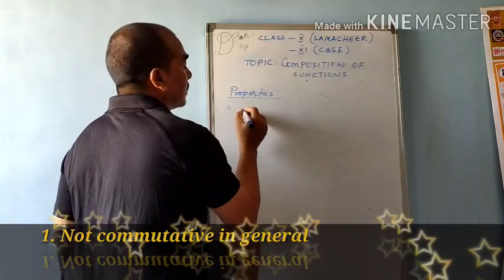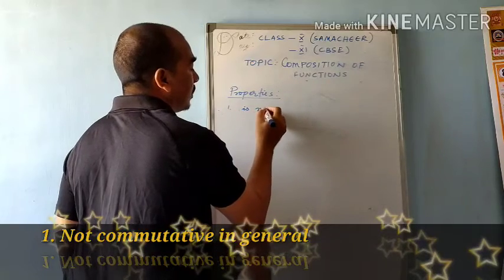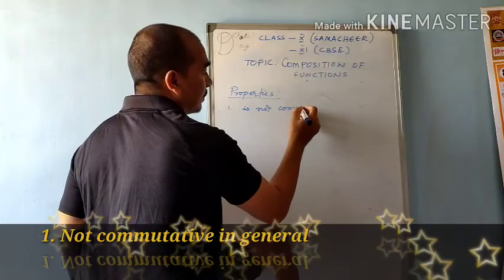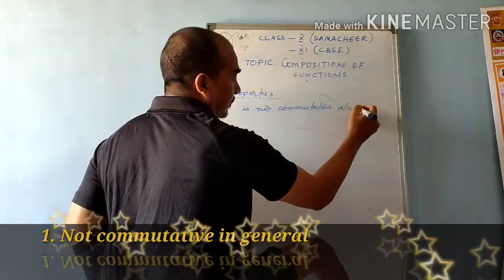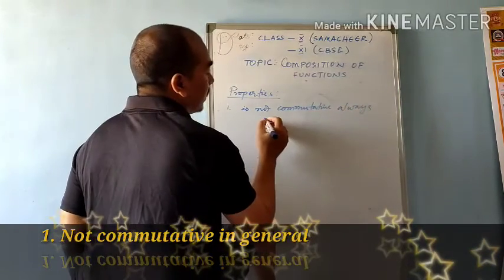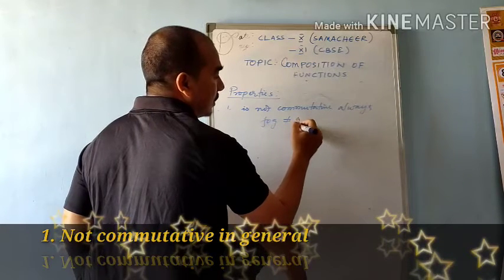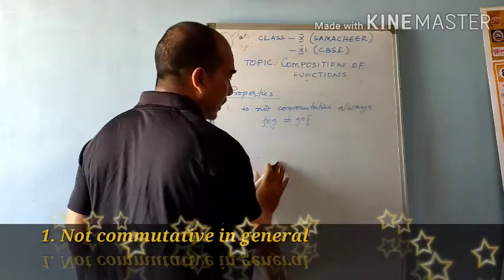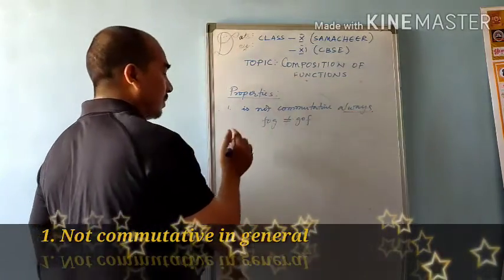Meaning, f o g is not equal to g o f always. Sometimes it will be equal. That's why I mentioned always here. Sometimes it will be equal also.